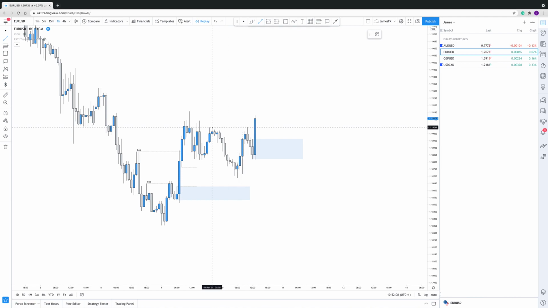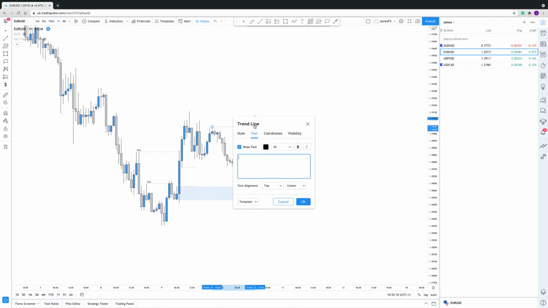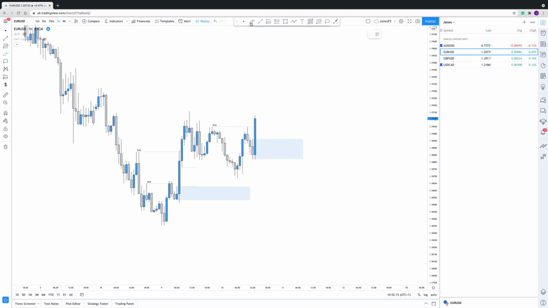We can see we've broken structure, BOS, and you can also class this as a break of structure here because we have closed above the candle bodies, but we had a large wick which is up here, which price hasn't got to, but we have had a break above candle bodies. Now we will get into market structure and mapping out your breaks of structure in a future video, but we can see that we have broken structure regardless, so this is an area of interest for us.